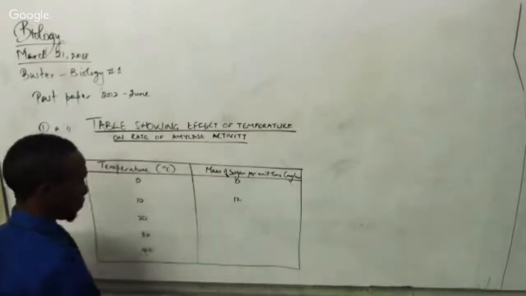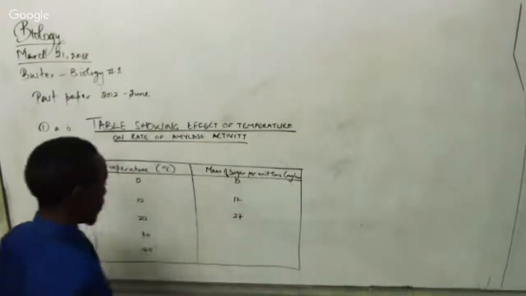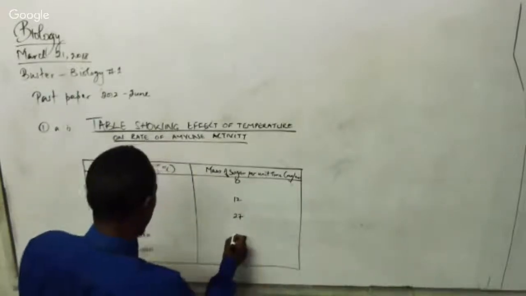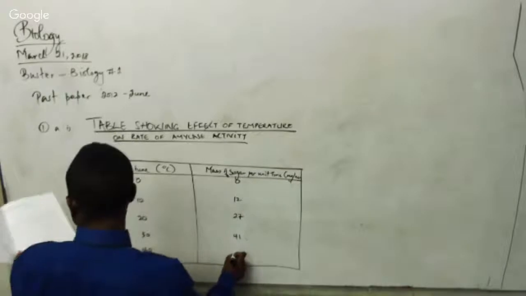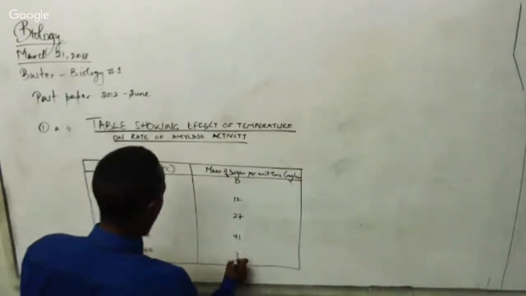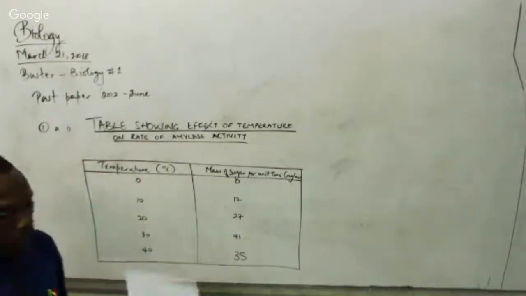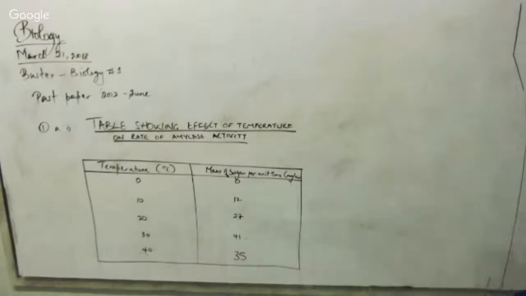At 20? 27. 30? 41. 40? 35. 35 is correct. See there? That is all you need to do for 4 marks. Everybody understand, right? Good.